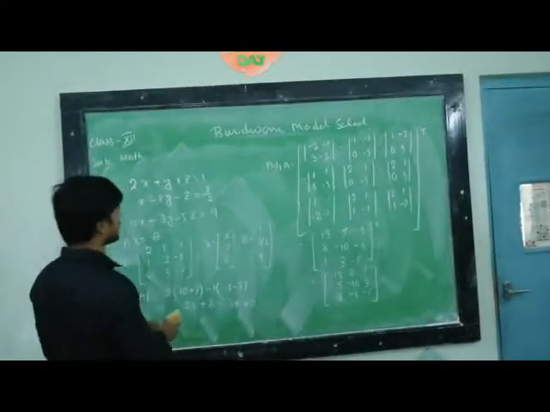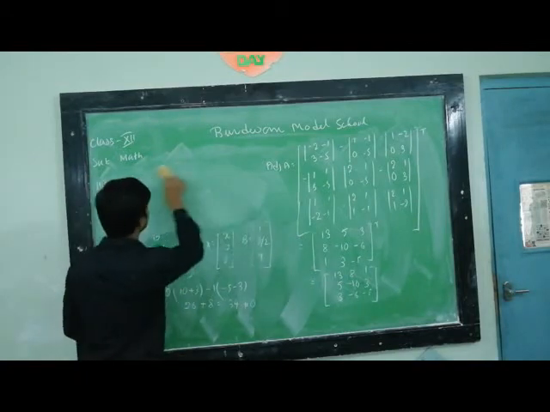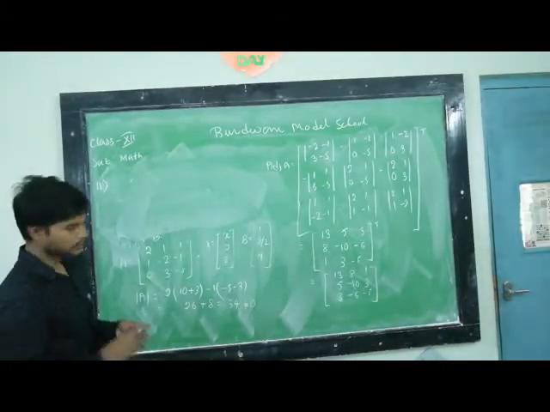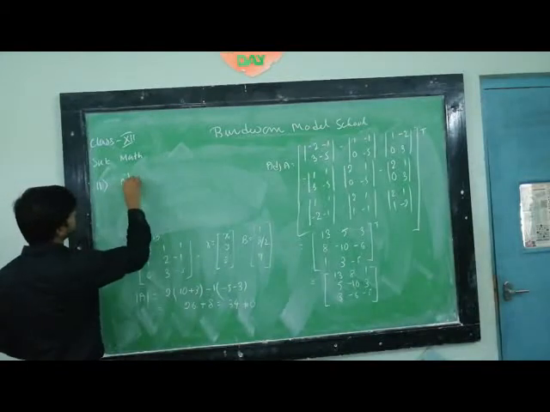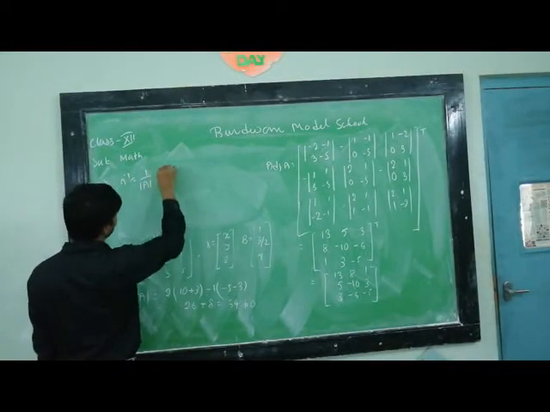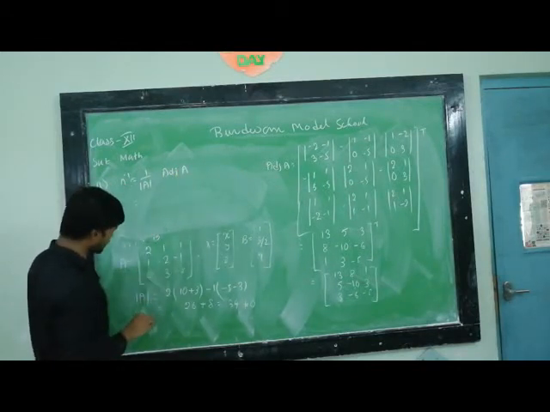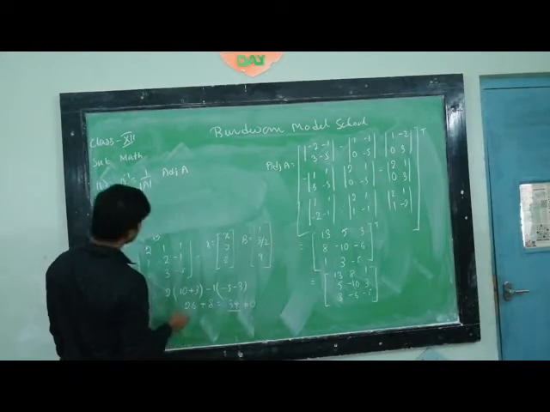So whenever the adjoint of A is known, calculate the inverse of A. That means A inverse is equal to, the formula is, 1 by det A into adjoint of A. The value of det A was 34.